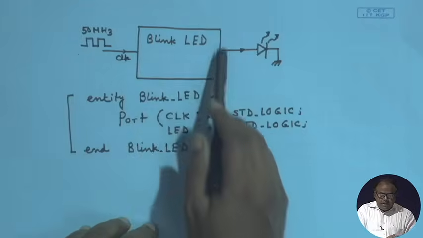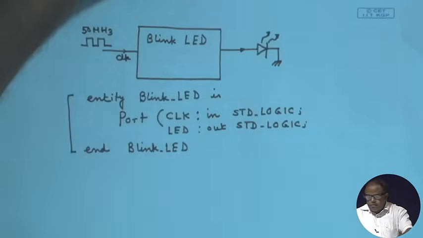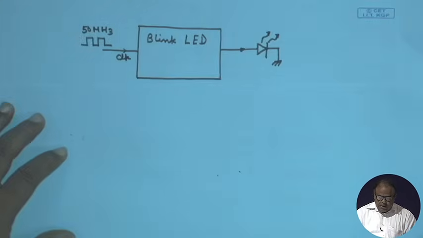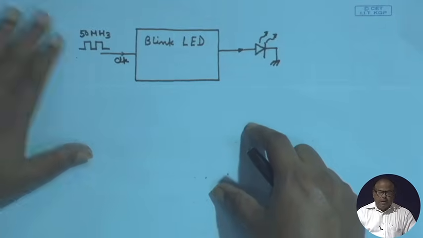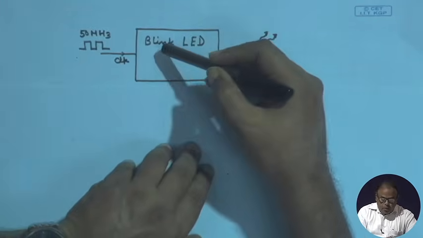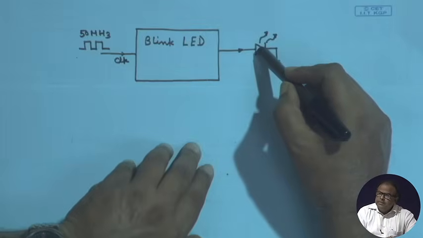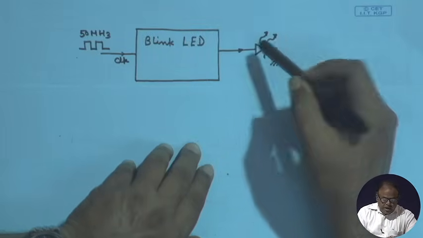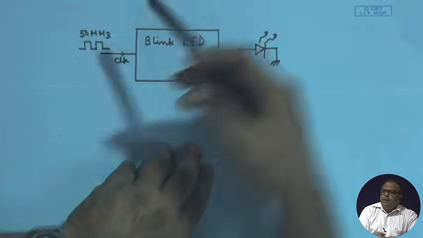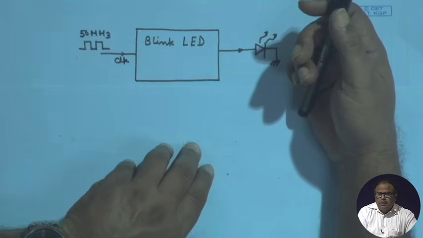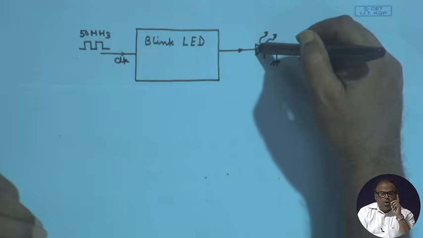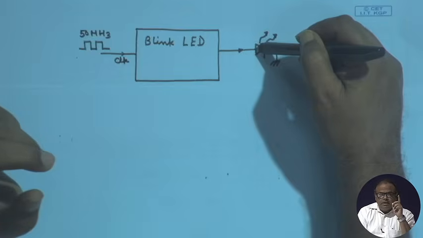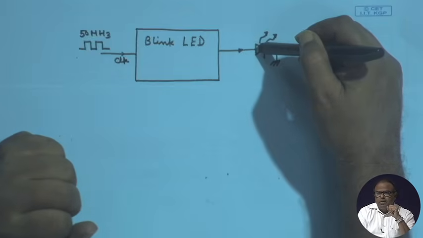Here you can see the system that I want to implement conceptually: a system which will blink an LED, and the input of this system is a 50 megahertz clock, and I want that this LED blinks on for 1 second, and then goes off for 1 second.